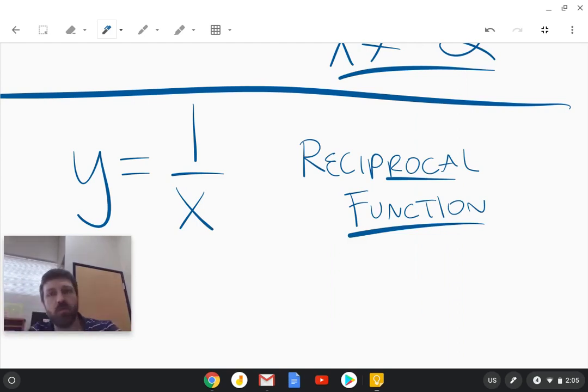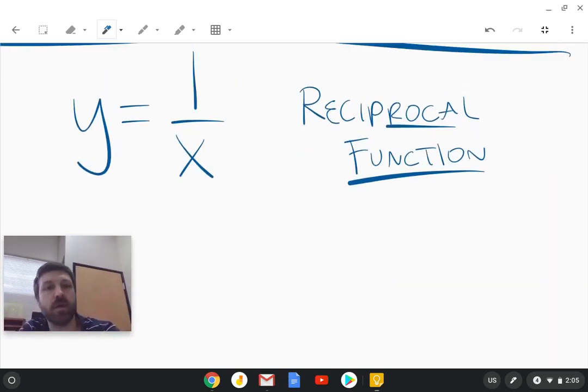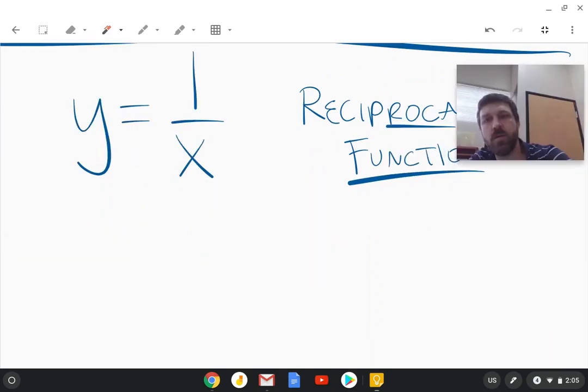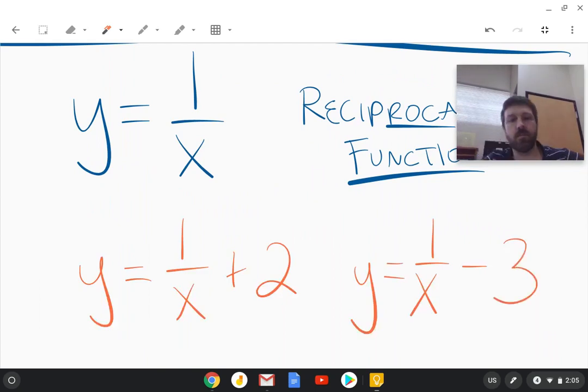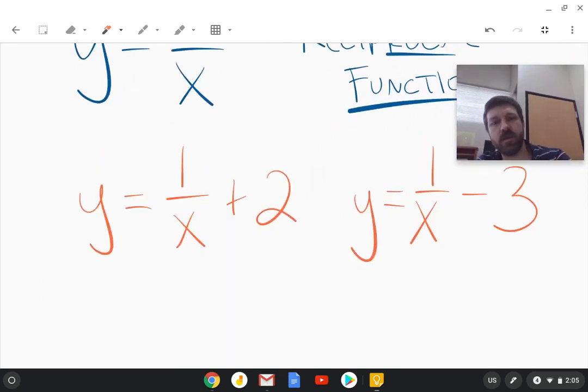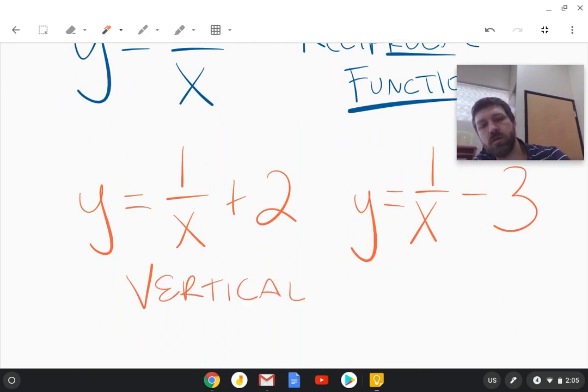So the question becomes, what about transforming this graph? What can I do to change this graph in certain ways? So one way we could change this graph is we could just add or subtract a number off of the end of that graph. So what if we did that? That is what we call a vertical shift.